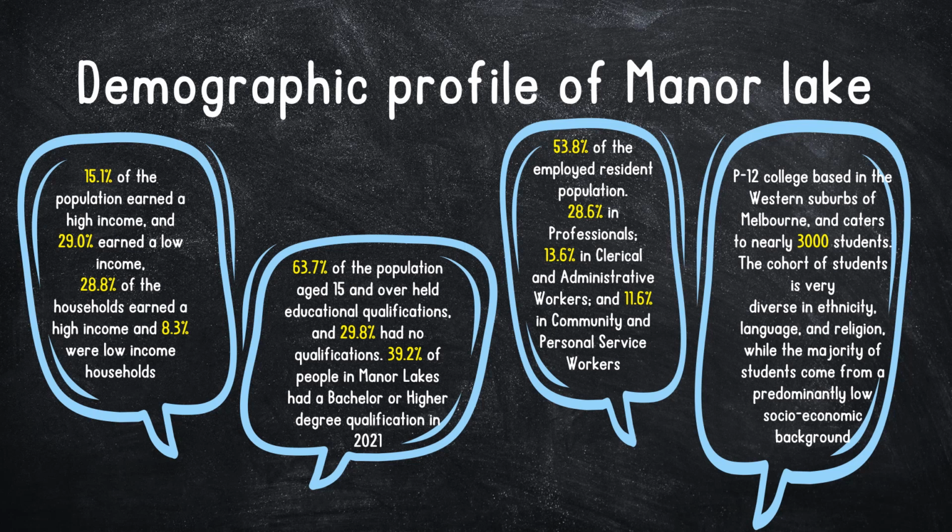So we have an equal number, nearly 40%, under the age of 15, and also nearly 40% with a bachelor degree, which is really a good case for a university area. Of the half of the residents who are working, nearly 28% are professionals, 13% administrative workers, and 11% in community service work.